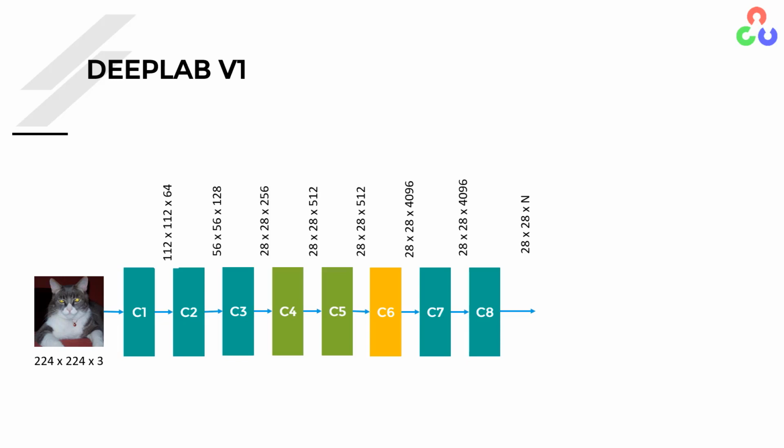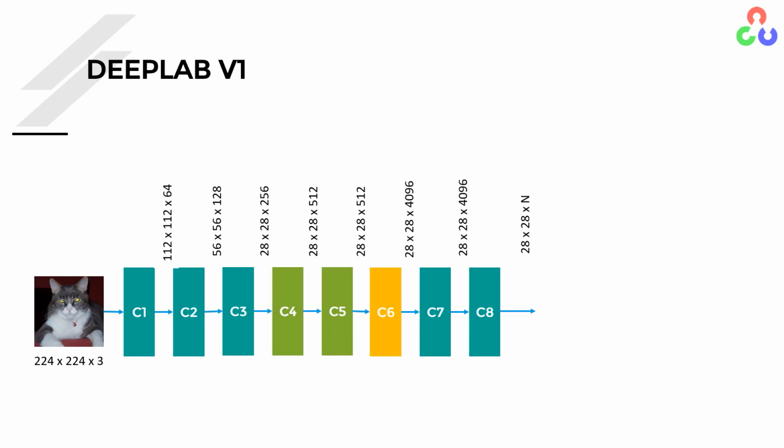We change the fully connected layers to convolutional layers. So this is not surprising. The important things are C4 and C5. They have been replaced with dilated convolutional filters, and the max pooling part has been removed, so there is no downsampling. And finally, this one has a dilated convolution of rate 12.